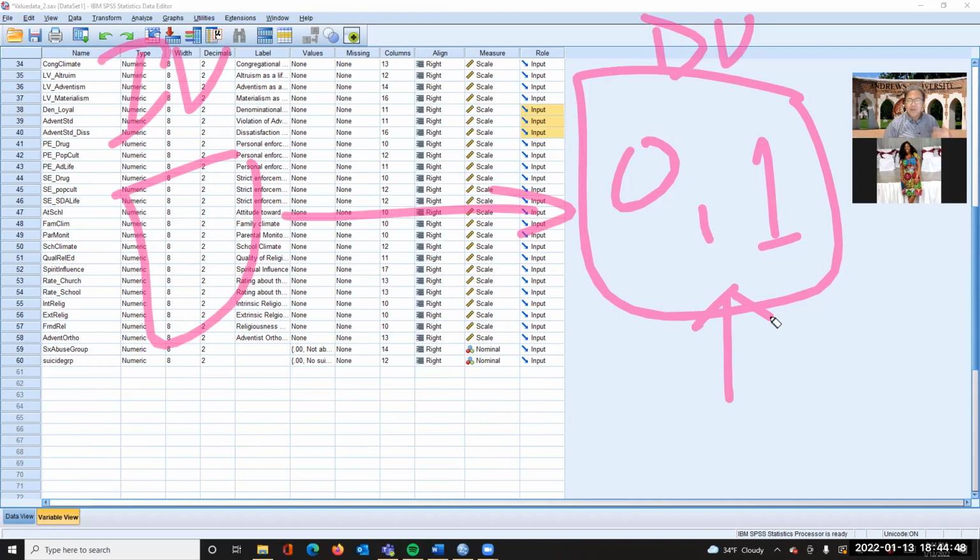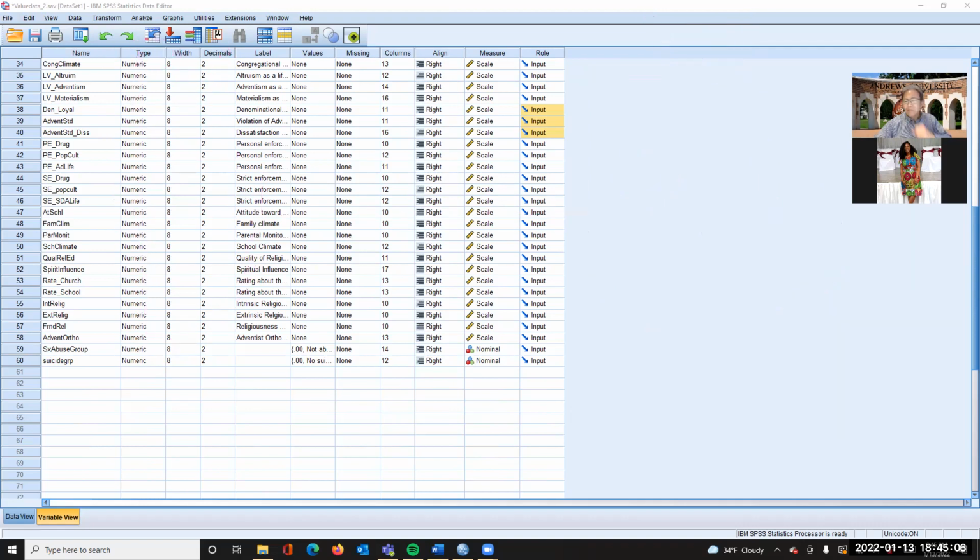So one of the things that we can then do is, can we predict suicide attempt based on sexual abuse? To do this, we can do binary logistic regression.